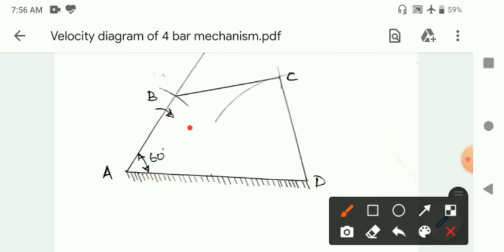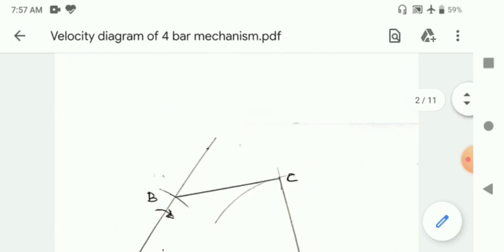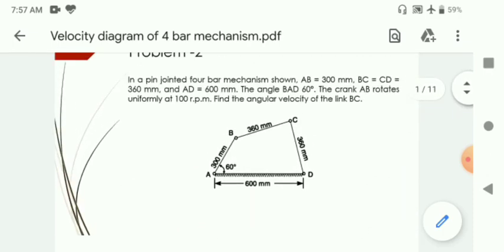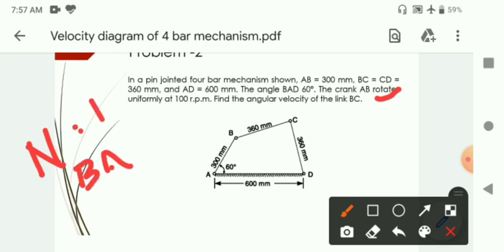Now, we need to start drawing the velocity diagram. To draw the velocity diagram, first we need to consider the driving link. In the question, it is given that the crank AB is rotating at a uniform angular speed. Angular speed is denoted by N. N_BA is given as 100 rpm.